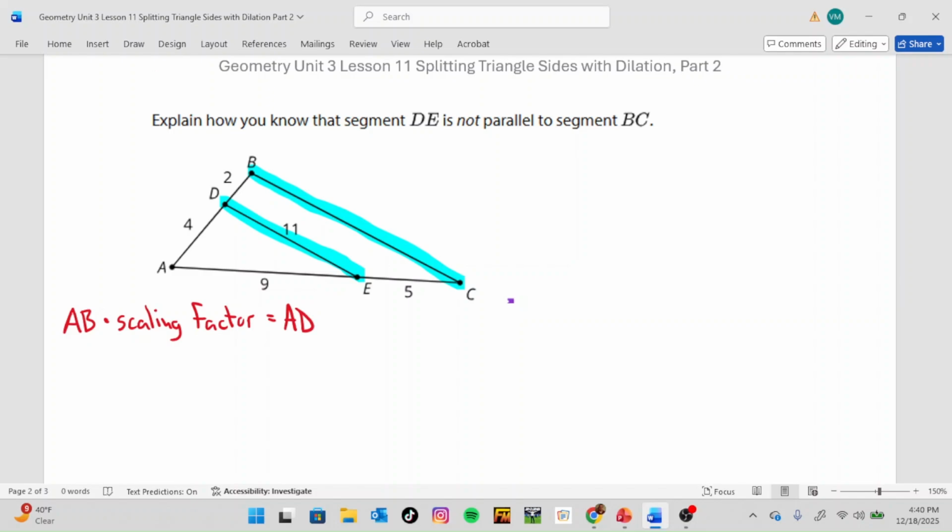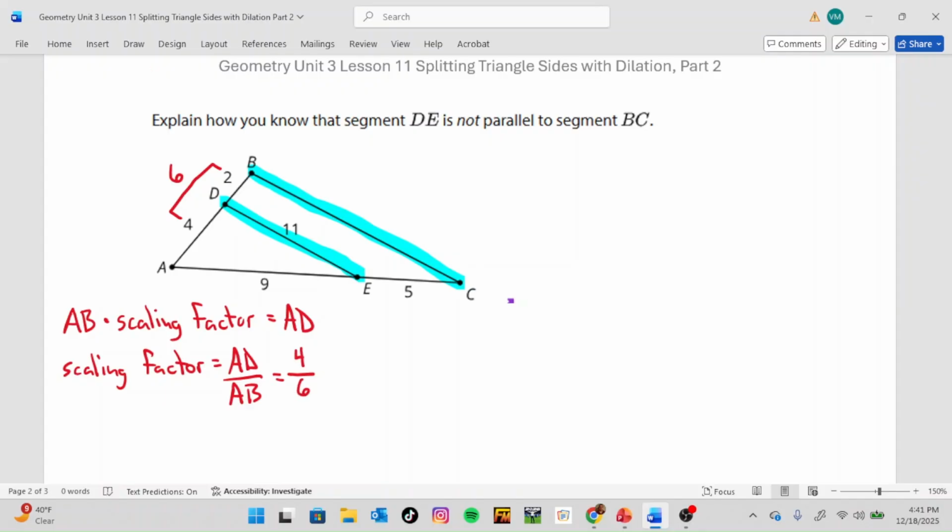So if I want the scaling factor, then that is AD divided by AB. We can see that AD is 4, and we can see that AB, when I add these together, is 6.